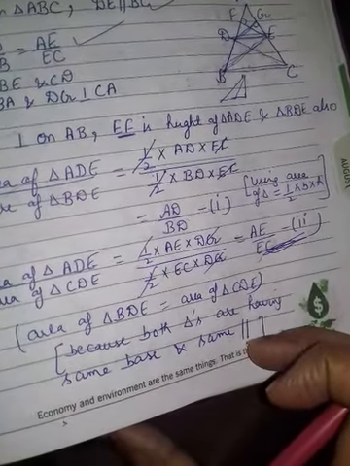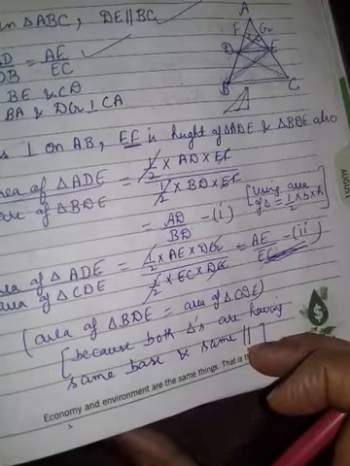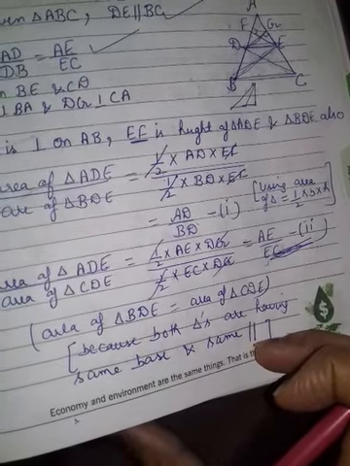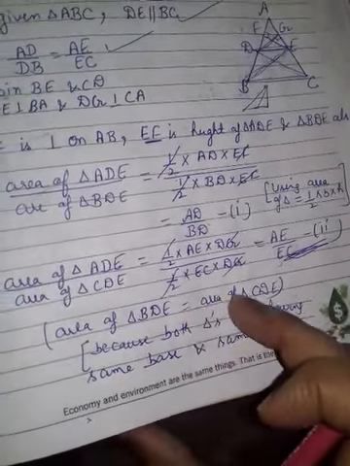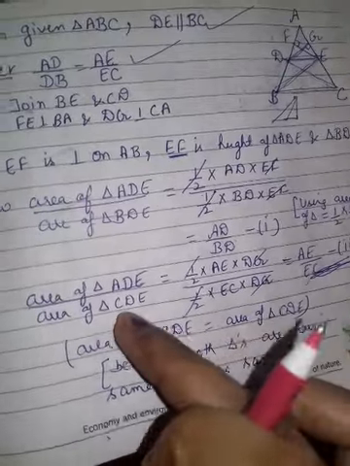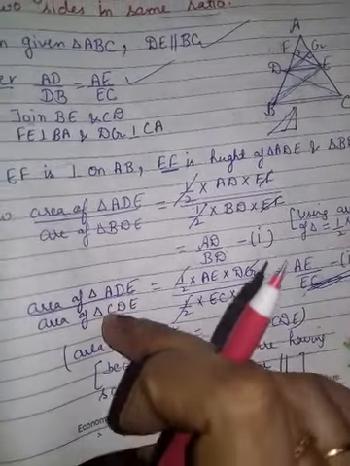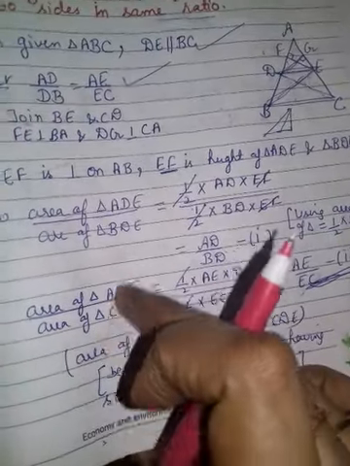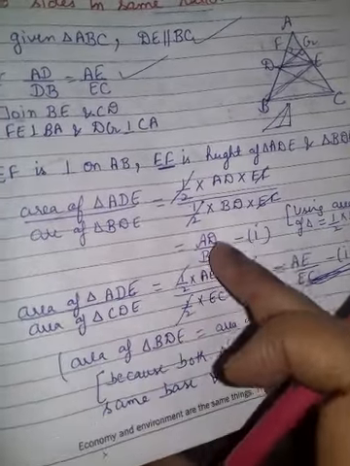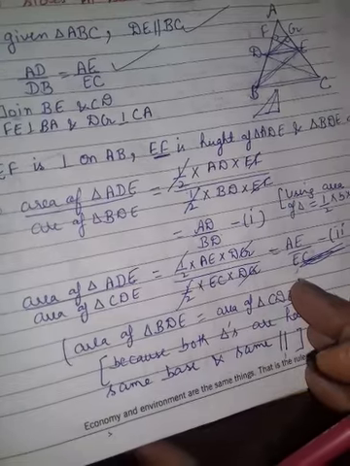In class 9th we have done: if two triangles have the same base and the same parallels, then the areas will be equal. So in the next step I will put CDE in the place of BDE. If I put it here, then both triangles will be equal. If the left side is equal, then the right will also be equal.